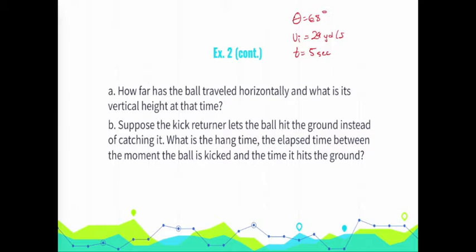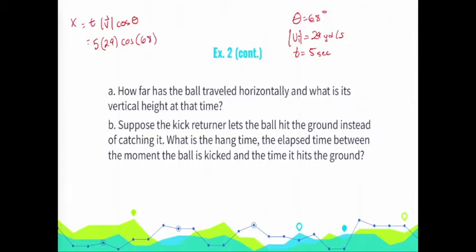So, our x is t magnitude v cosine theta. Our t is 5. The magnitude, this is technically the magnitude of vi, is 29, and our theta is 68 degrees.